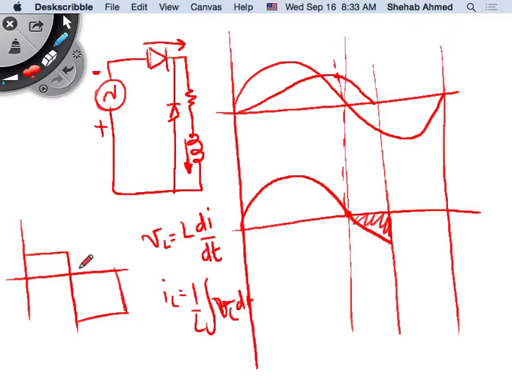So if the voltage is positive, what is the slope of the current? It's positive because if the voltage is positive, this value of integration is positive. So the current will always be growing, right? Growing in some form or shape. But if the value of voltage is negative, what's going to happen to the current?